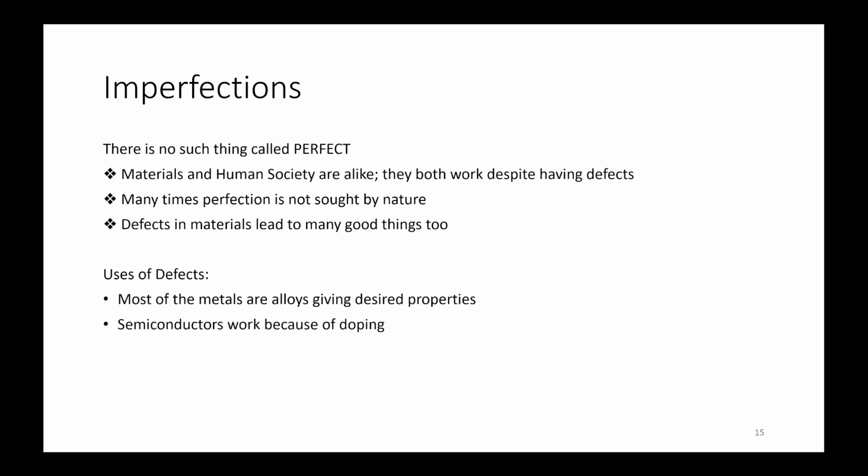So many times perfection is not sought by nature, and defects in materials lead to many good things too. For example, most of the metals are alloys giving desired properties. So alloying leads to enhancement in strength and various properties. So it requires the presence of defects. And semiconductors also require doping, which is a type of defect.